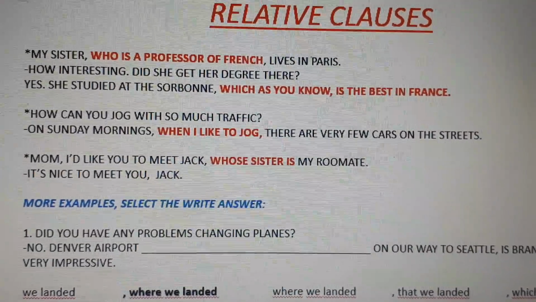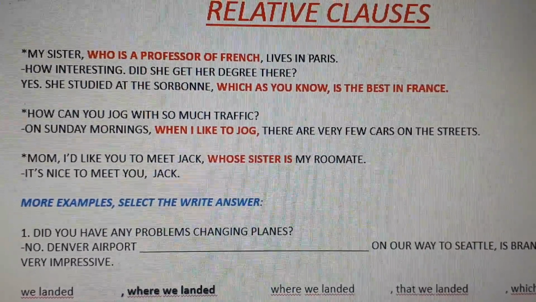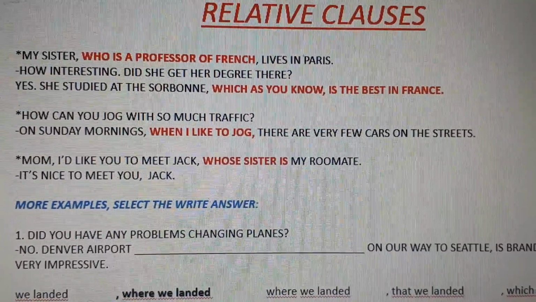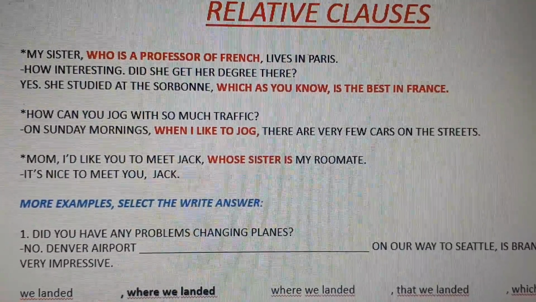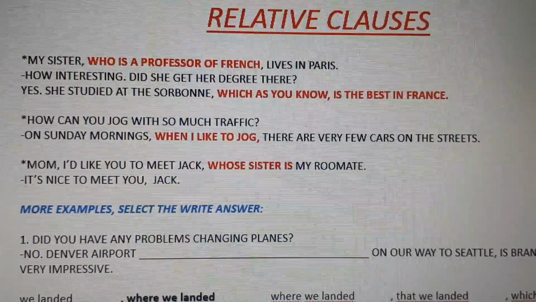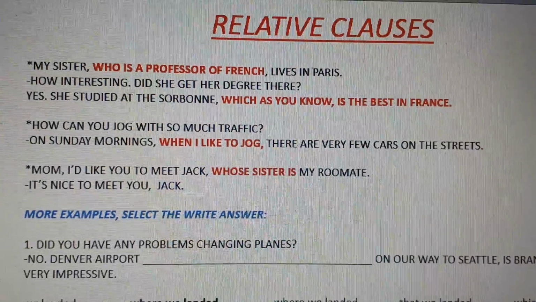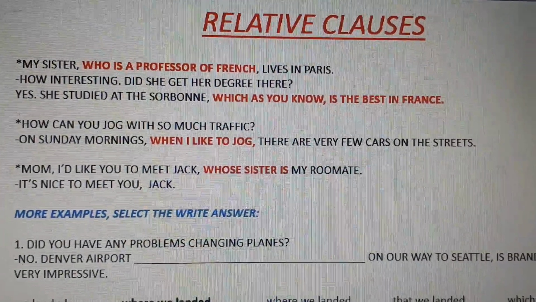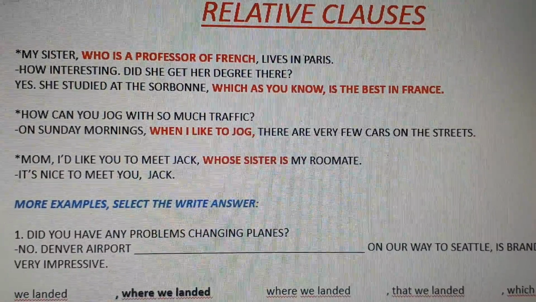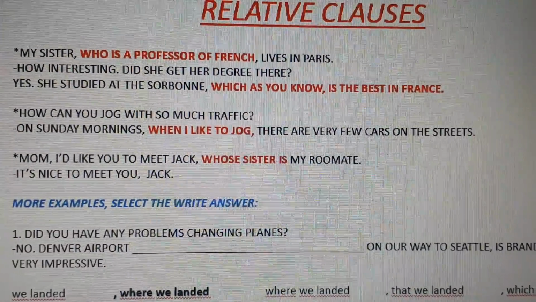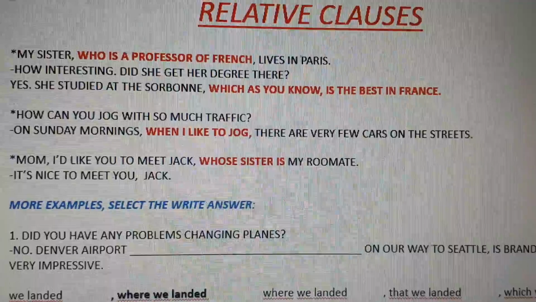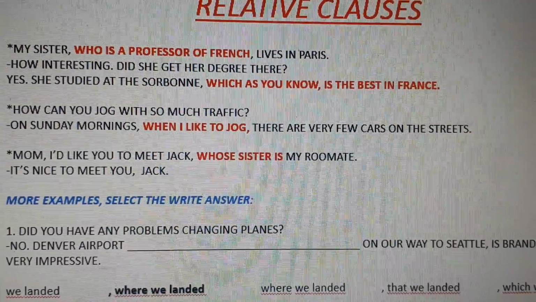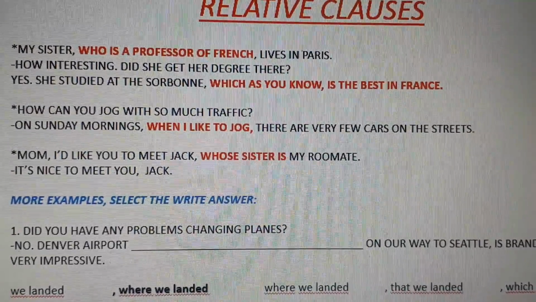So you need to identify which relative clause you're going to use after the subject that you're going to describe, okay? In this case, Jack is the subject, so we need to describe or to define this subject, okay?